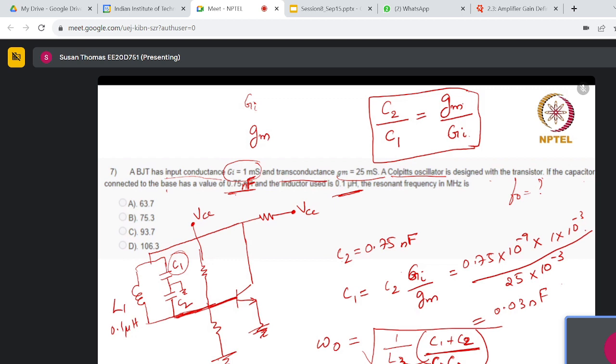Just substitute in this equation for omega naught and you can find it.